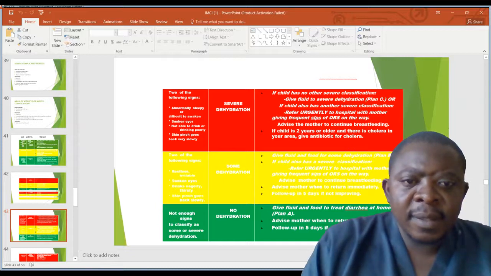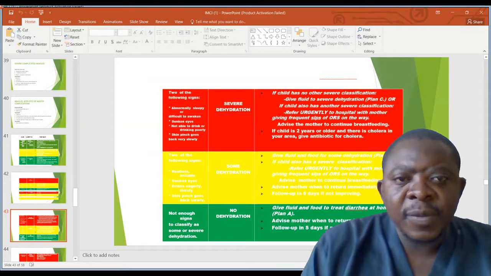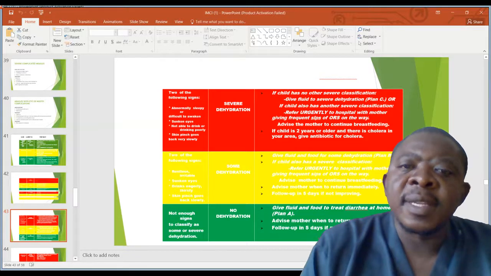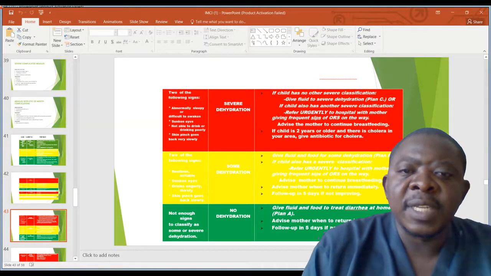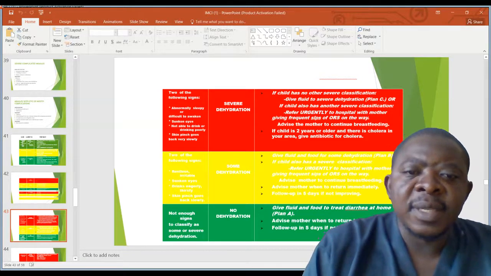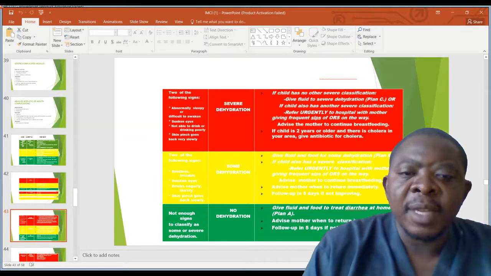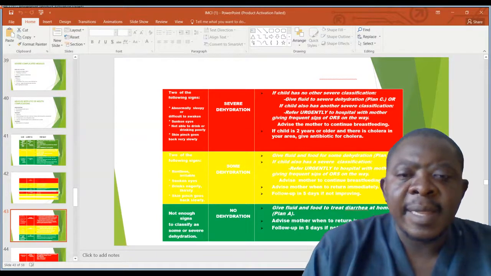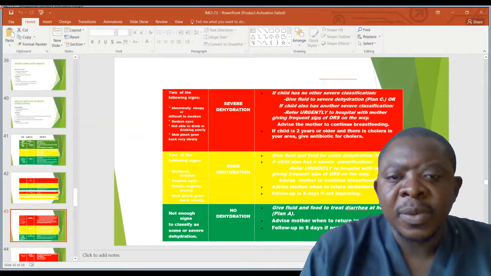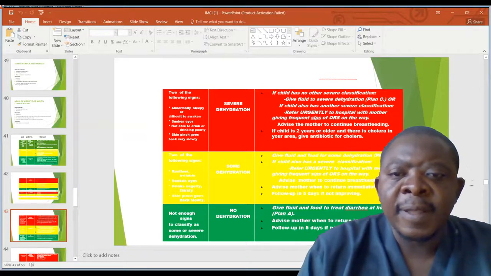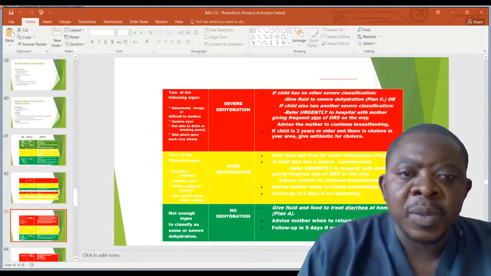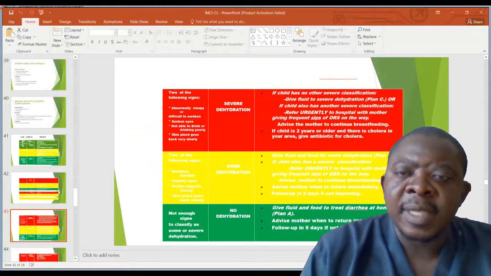So this is the simplification of the diagram to do with the dehydration. So under signs, not enough signs to classify as some or severe dehydration, then the diagnosis will be no dehydration. Then what you need are the interventions that need to be done there.